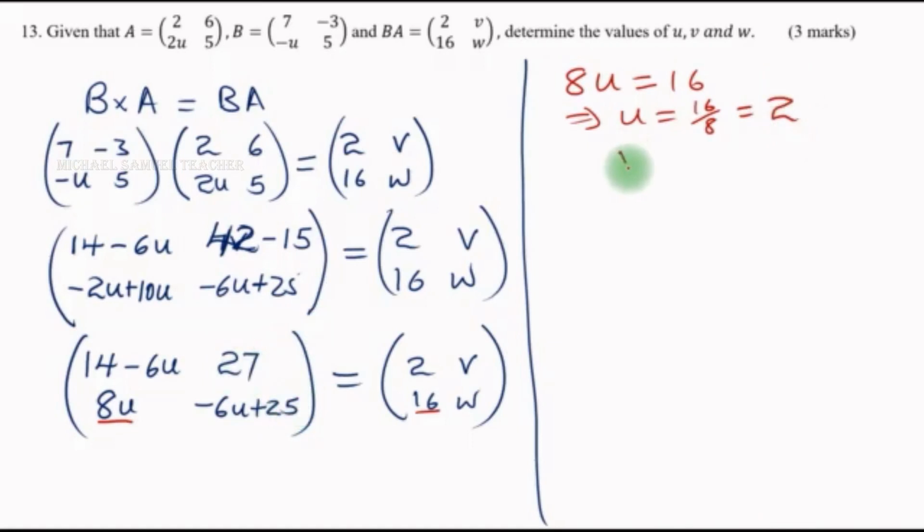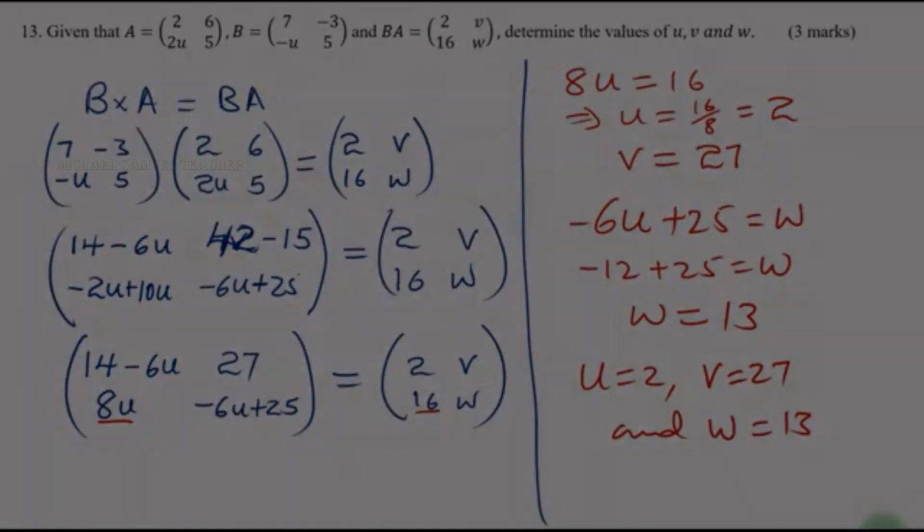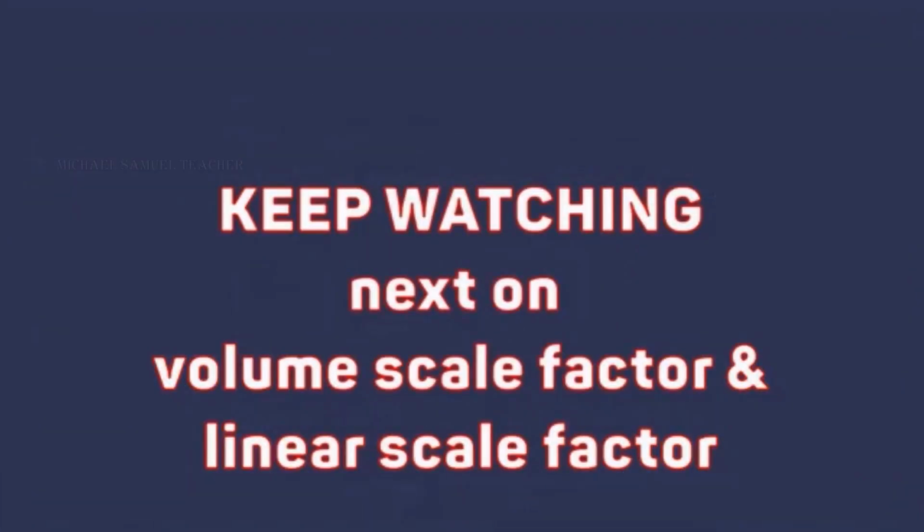Then 27 corresponds to v, so v is 27. And then minus 6u plus 25 will be equal to w, but u is 2. Therefore, we have minus 12 plus 25 is equal to w. Therefore, w is 13. Therefore, u is 2, v is 27, and w is 13.